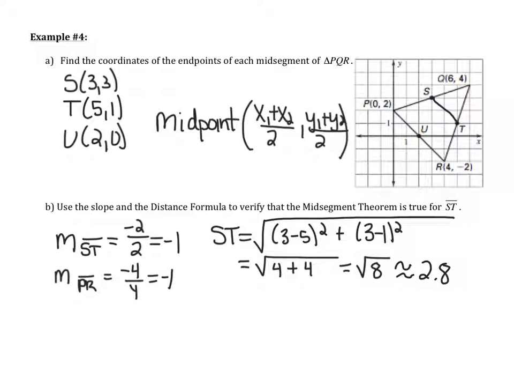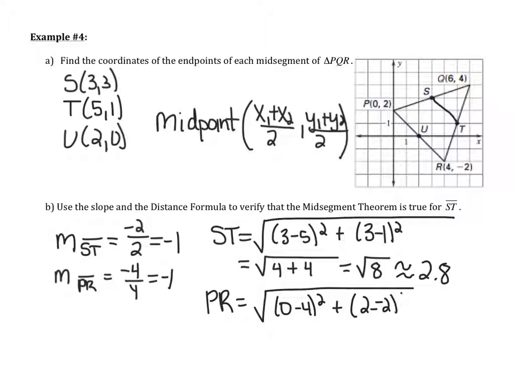2.8. Now let's find the length of PR using the distance formula. The coordinates of P and R are given to me on the diagram. So the first thing I'm going to do is subtract the x's. So 0 minus 4, and then square it, plus subtract the y's. So 2 minus -2, and then square it. 0 minus 4 squared would be 16, plus 2 minus -2 would be 2 plus +2, so that's 4, and 4 squared is 16.